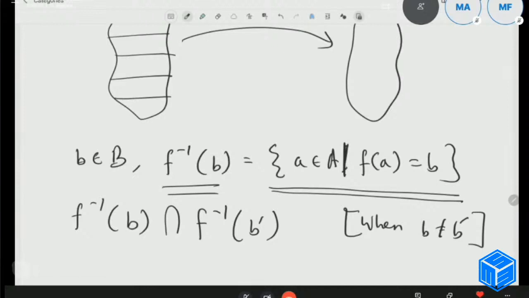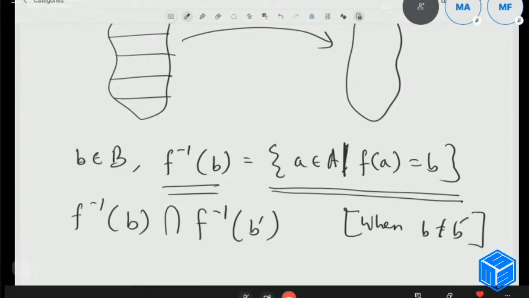I'm confused now. Does that mean it's the set of all A such that F of A equals B, but also F of A equals B prime? But B and B prime are not the same. Right. No, it's the empty set then, it has to be.